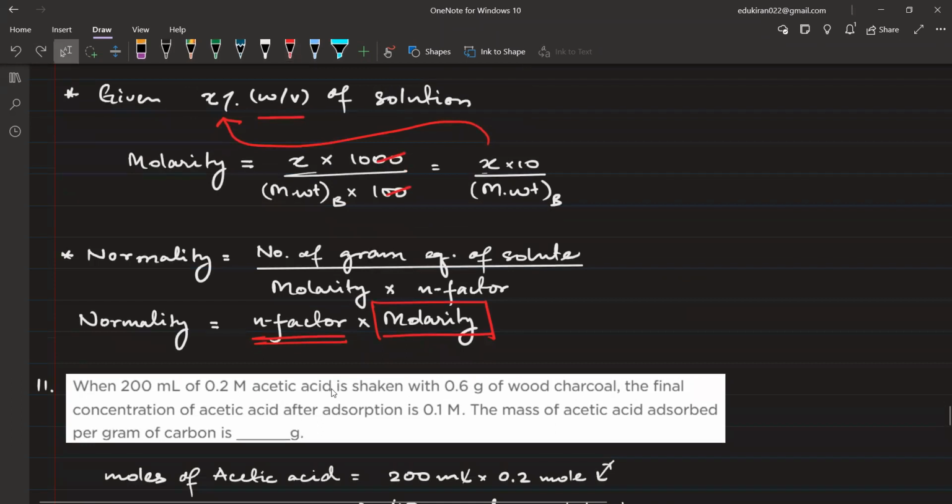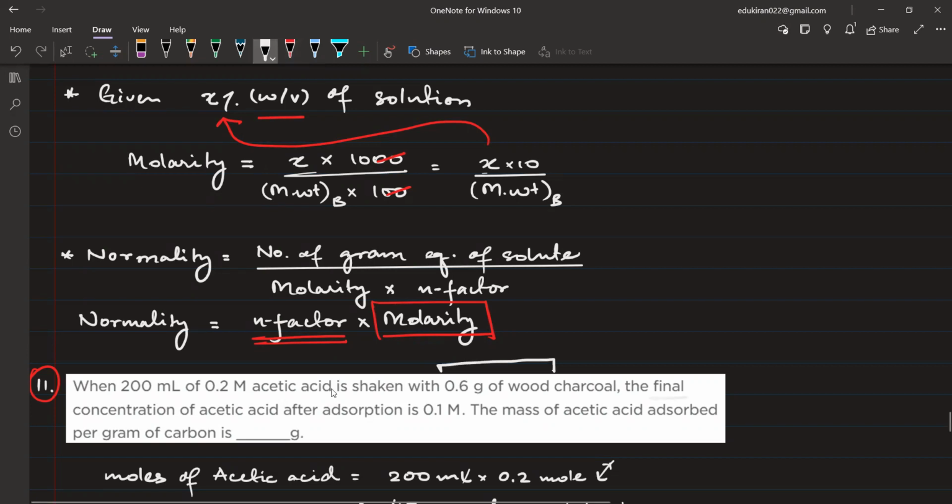Then write this question, 11th question. When 200 ml of 0.2 molar acetic acid is shaken with 0.6 gram of wood charcoal.